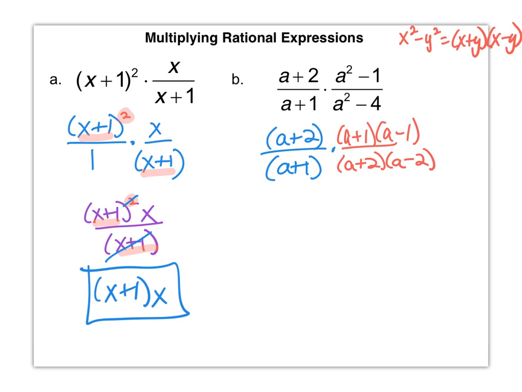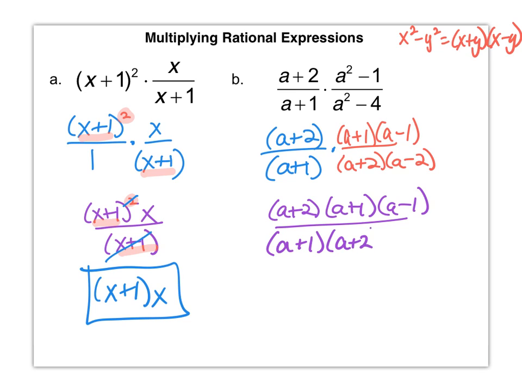Now when we multiply these, we get an a plus 2 factor times a plus 1 times a minus 1 in the numerator. In the denominator, we have an a plus 1, an a plus 2, and an a minus 2. We want to know if there are any common factors, the greatest common factor of the numerator and the denominator.